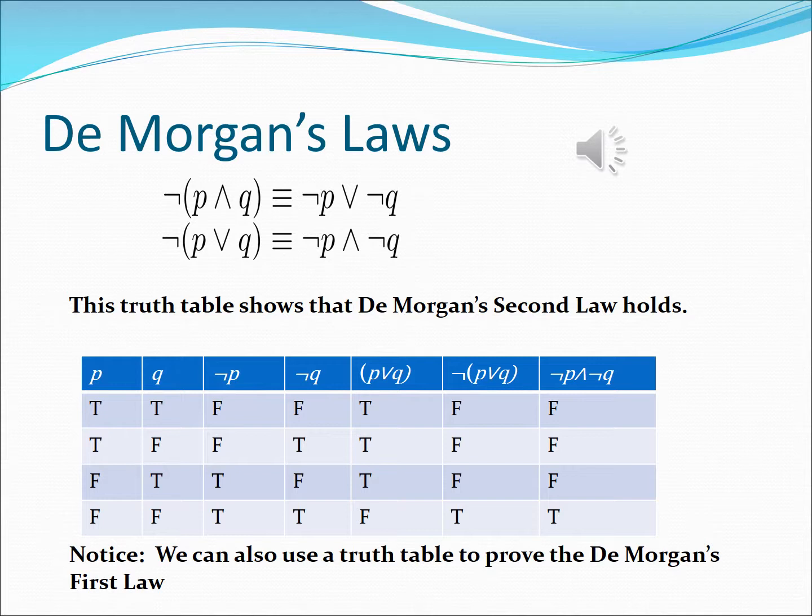In mathematical terms, negative open parentheses P or Q close parentheses is equivalent to negative P and negative Q. We can prove both laws using a truth table, as we can see below.